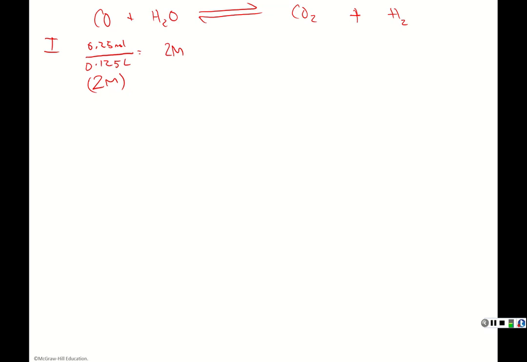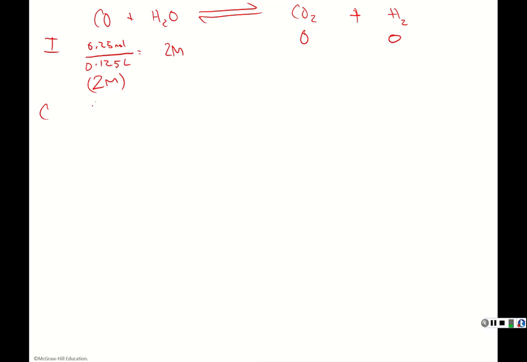We're not starting with any products, so we can put zeros there for the initial concentrations of both of those. Next, we have our change. We're going to be losing reactant concentration and gaining product concentration.